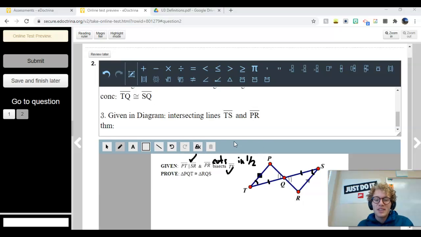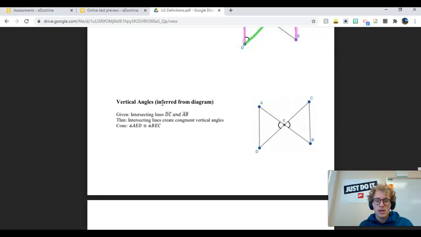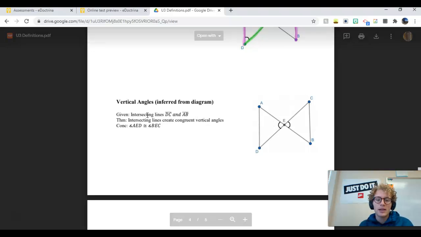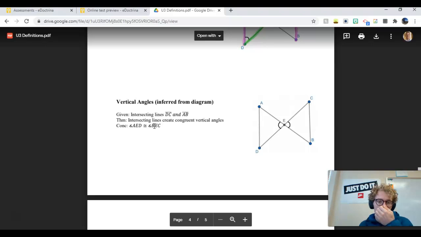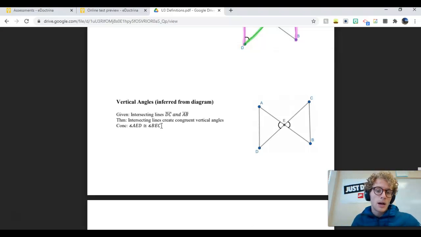Here's the thing. If you didn't know that you were supposed to write that, you could go over here and look for vertical angles: "inferred from diagram, intersecting lines DC and AB." So you can use this for other pieces beyond just the theorem to get your information. But you did have to know that they were called vertical angles.